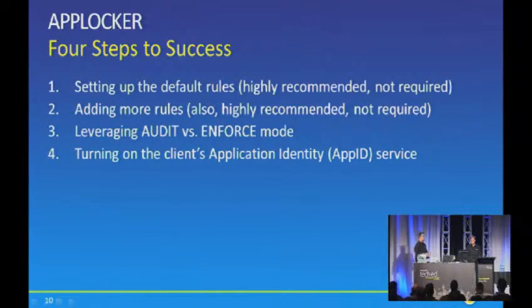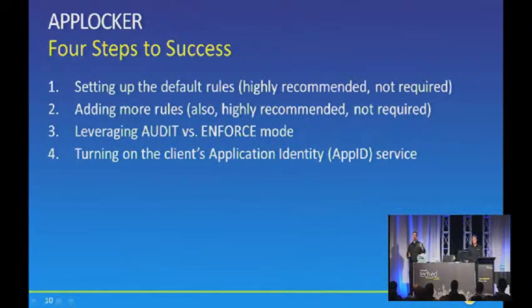Okay? So the 4 steps to success start off with setting up the default rules. I would assume that most of us are not AppLocker experts. I highly recommend you turn on the default rules, and I'll explain why that's the case. That's why it's 4 steps to success. 2, add more rules. Highly recommended, not required. And then 3, leveraging the audit versus enforce mode. You can either tell it to actually do the smackdown or just report about what it would have smacked down.